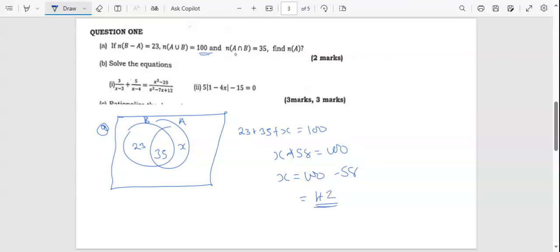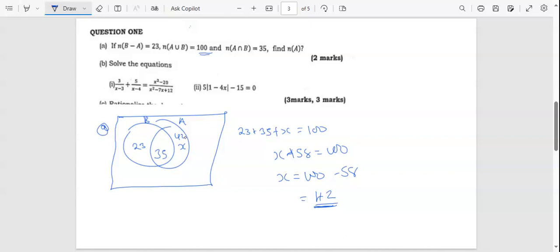So the number of A alone is equal to 42 in this case. Now what we'll do is check if we put 42 here.